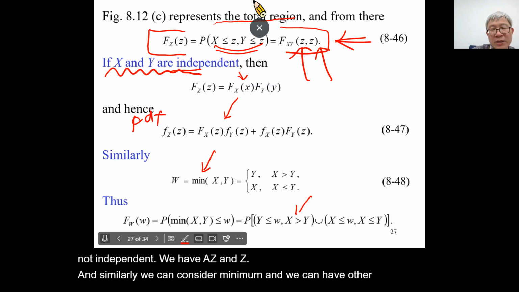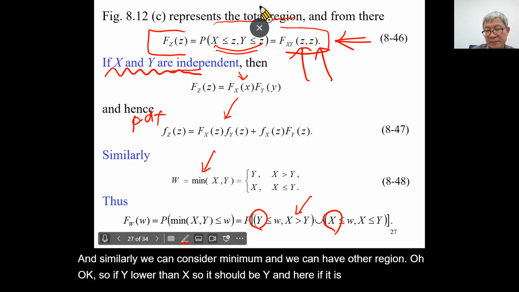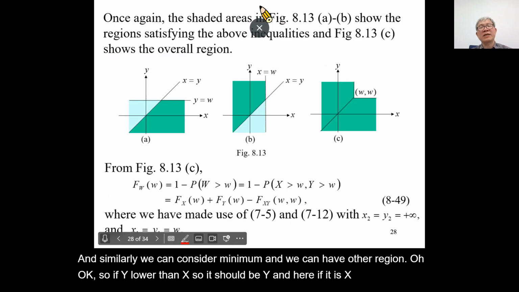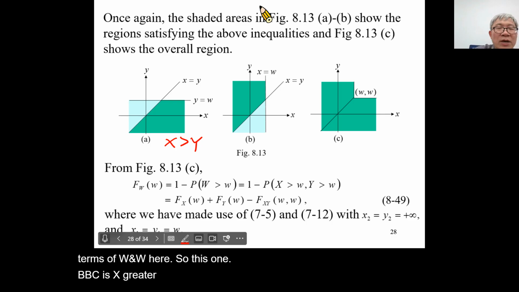Oh, okay, so if y is lower than x, it should be y. And here, if it is x. And likewise, in terms of w, previously it was x greater than y, and this one x lower than or equal to y.